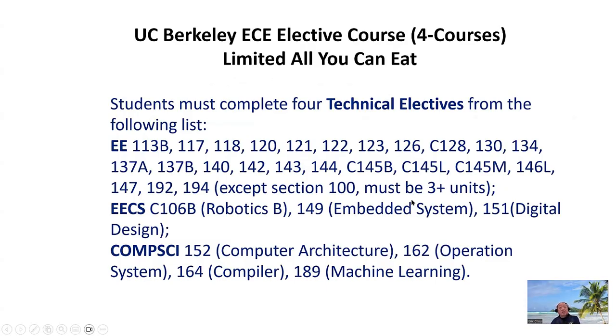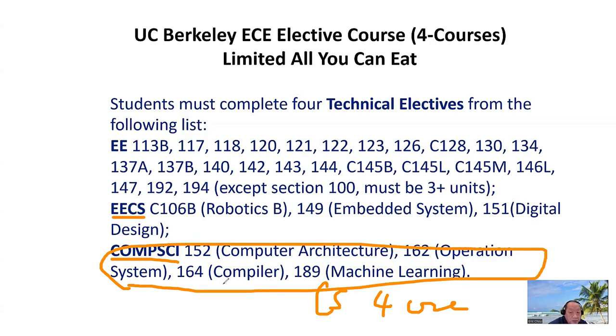Next one is the EECS elective course. Originally, EECS was pick 5, or you could take any course in EECS, all you can eat. Right here, you cannot take all the courses in EECS, but you have limited electives in EECS and CS. So here you have the CS core 4 courses. I recommend you take these if you really want to go into EECS. These 4 courses will satisfy the application requirements for the MSCS at Stanford University.